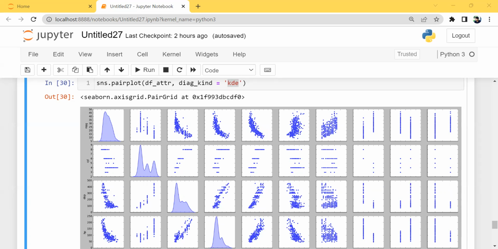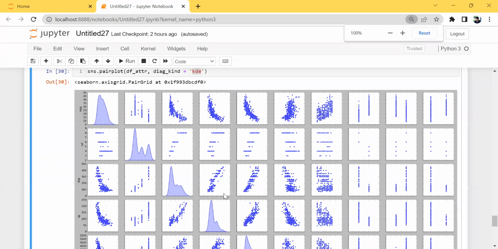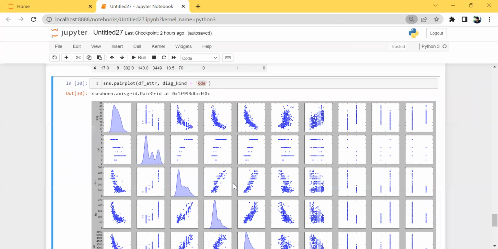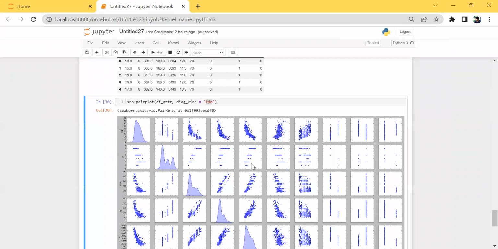See, these smooth curves are the diagonal elements.